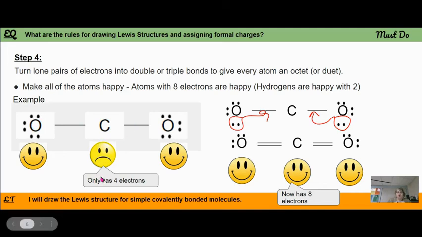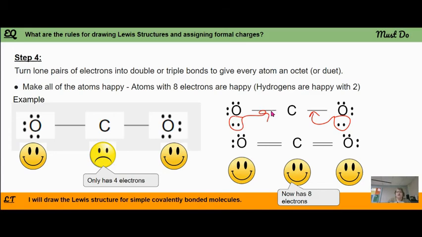That's only 4, right? He wants 8, so he's not happy. Okay? So what we want to do is make carbon happy. The best way to do that is to take pairs of electrons and move them in to form bonds. So I'm going to take this pair of electrons. These 2 electrons are now going to become another stick.